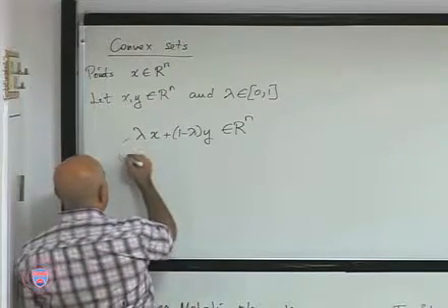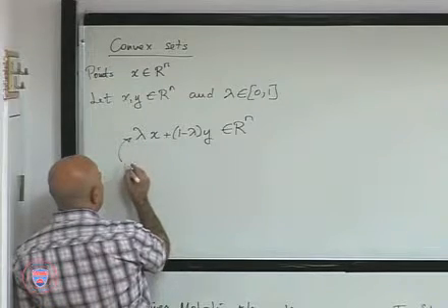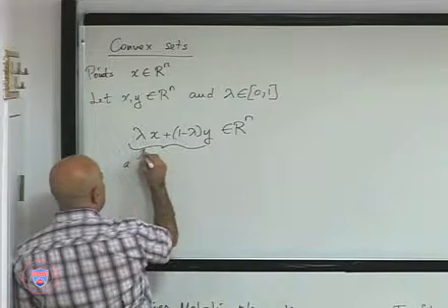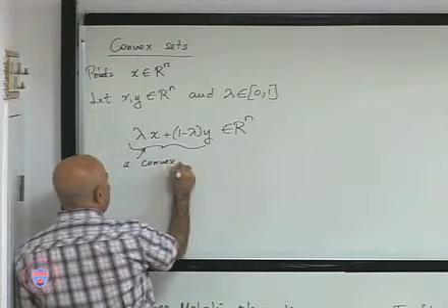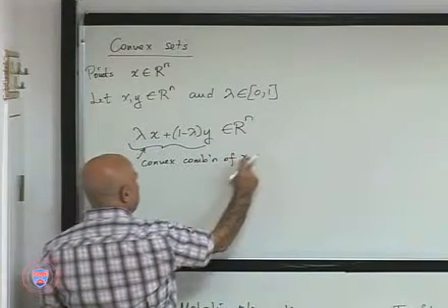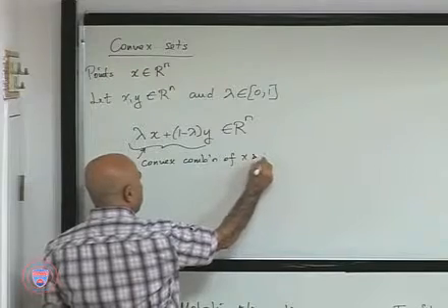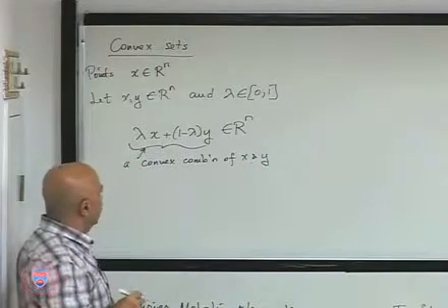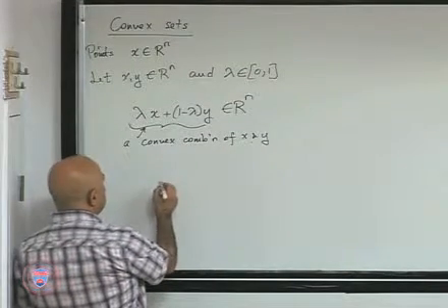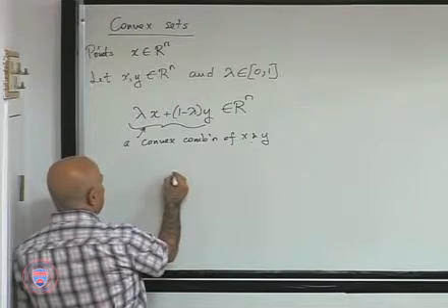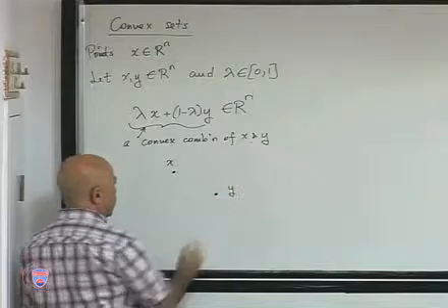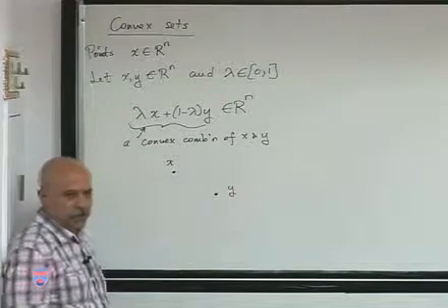So this new point is a convex combination of x and y. Now, pictorially, what's happening is the following. If x is here, y is here, say, in 2 dimensions. Origin is somewhere here.